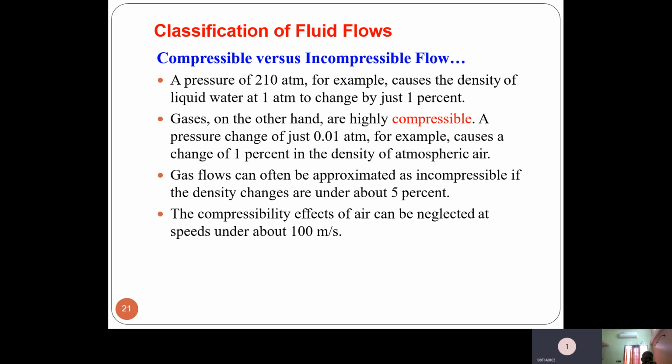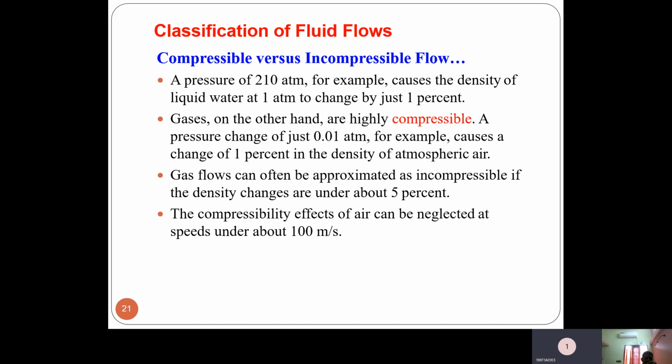On the other hand, gas is highly compressible because when it is gas, we can compress it. Once we compress the gas, definitely its volume decreases. Volume decreases means density increases, because density is equal to mass by volume. Understand? Density is not constant, so such fluids are called compressible fluids.